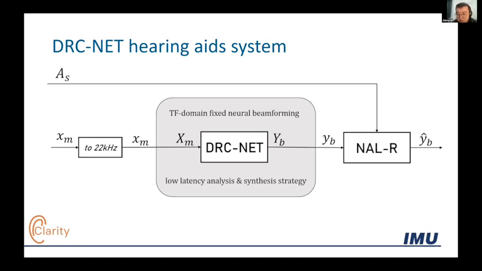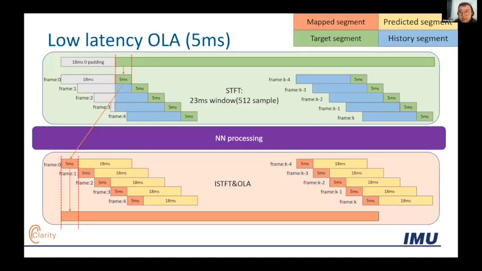In the domain transformation, we proposed a low delay STFT analysis and synthesis strategy. Typically, systems that use STFT for speech enhancement in the frequency domain have a larger window size to ensure good frequency resolution.